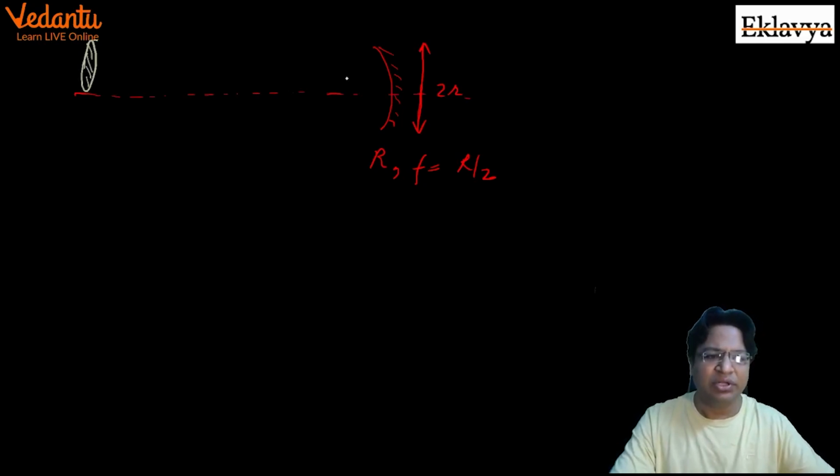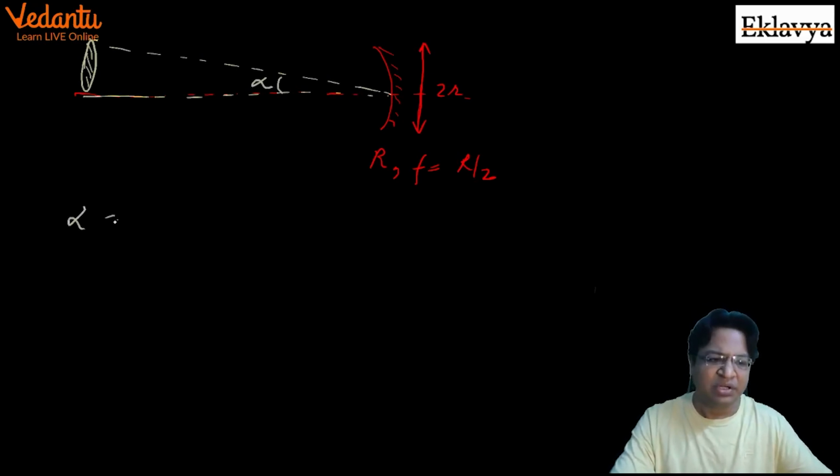According to the information given in the question, the disk of the sun subtends some angle. Let's say this angle is alpha. Alpha is given in the question as 0.01 radian. So that is the situation. Now the image of the sun will make the same angle alpha, and it will be formed in the focal plane.